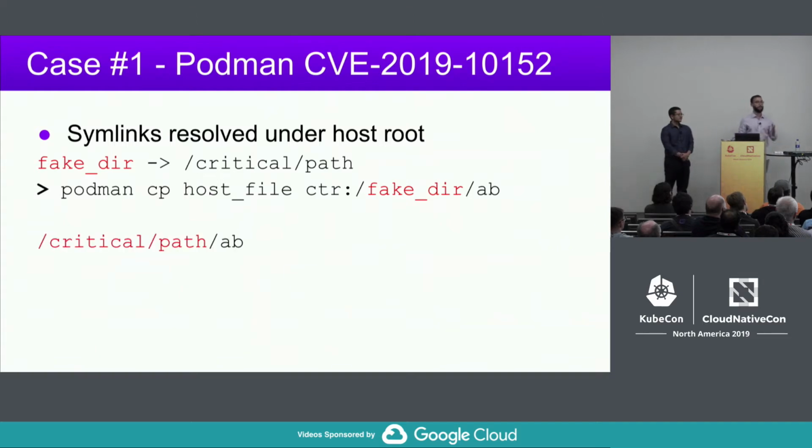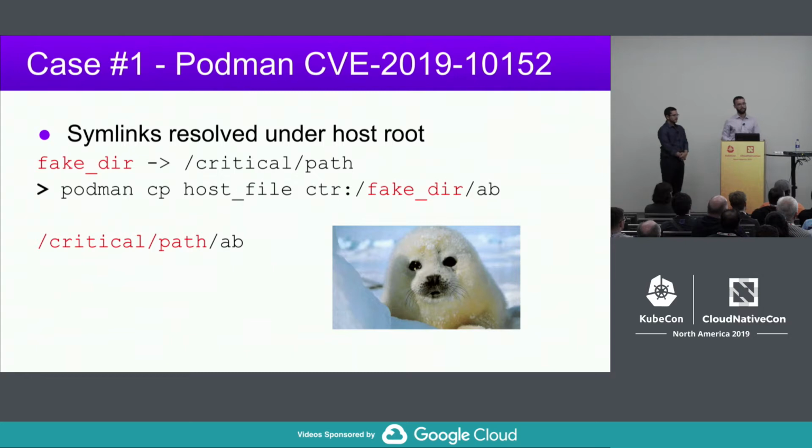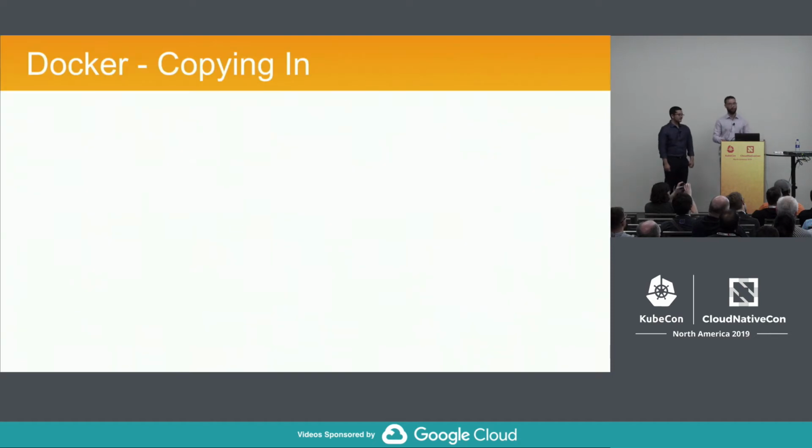What will happen is the symlink will be resolved under the host root, and the file will end up actually in the host file system and not inside the container. So that's bad. It isn't that easy to exploit because you need to know where the user tries to copy to, but you don't want to have a command where files could pop up on the host file system.